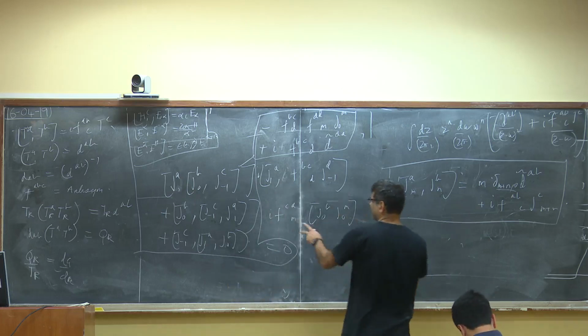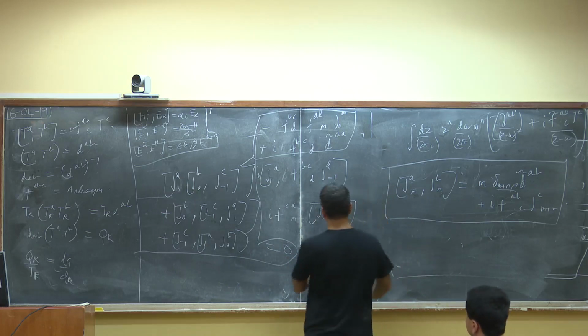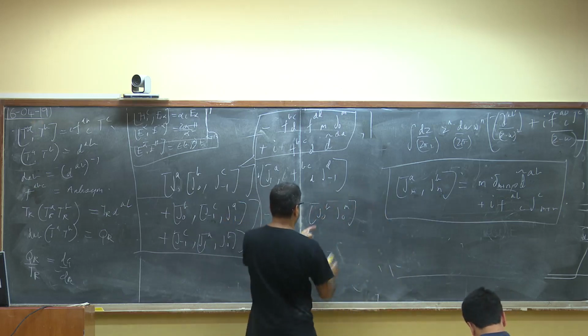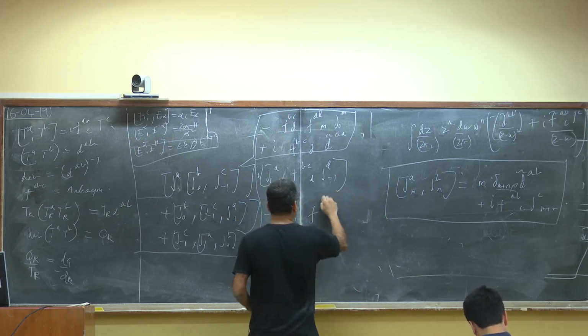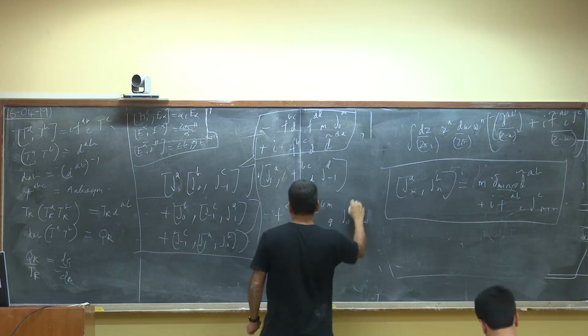Okay, so this then gives us minus f bm q J0q.